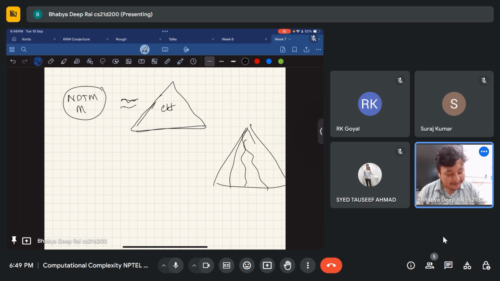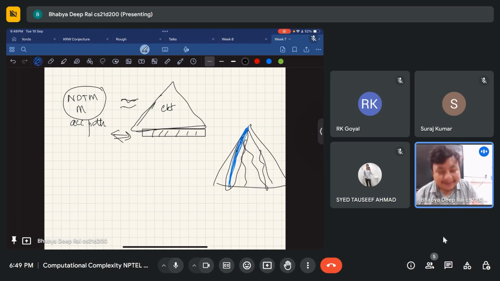Different computational paths. Each of these is deterministic, and the circuit actually talks about this. So what we mean is, if there is an accepting path, then if and only if there is a certificate here, that is, there is an input to the circuit that will satisfy this circuit. In fact, it's not even a circuit, it's a formula.